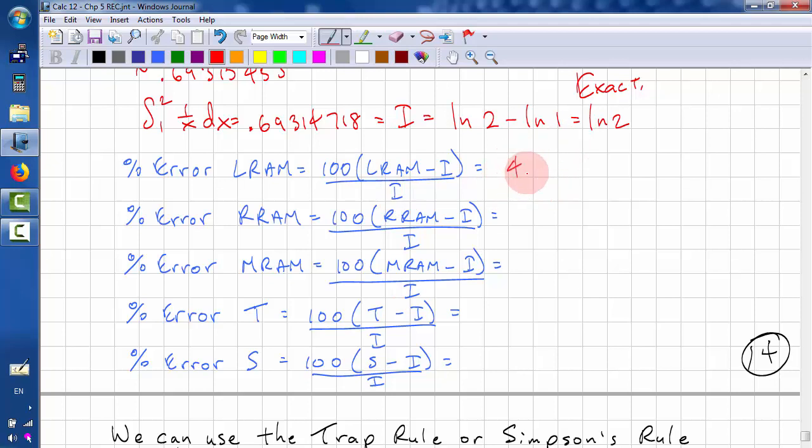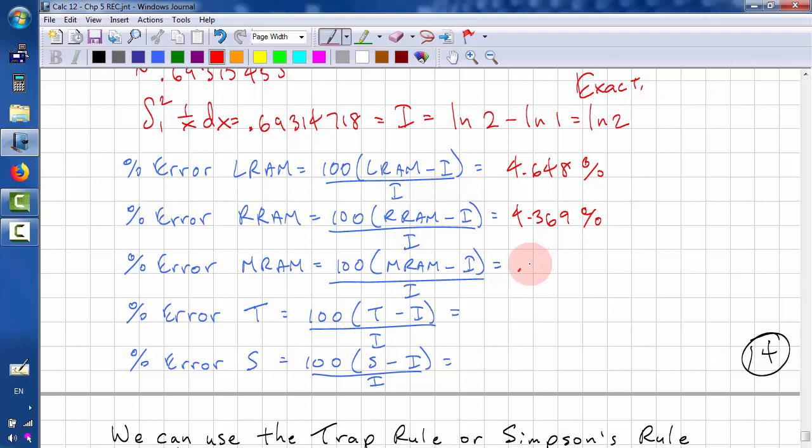And we get 4.648%. I will let you do those calculations yourself and you can compare to what I have. RRAM is 4.369%. So those are not great estimates.